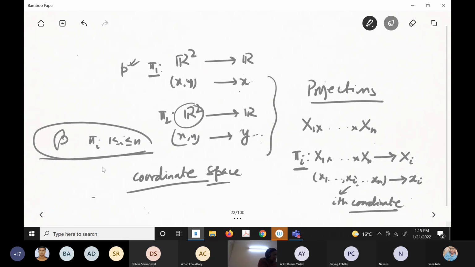They are the good tools, the projections and the base. You should know that.